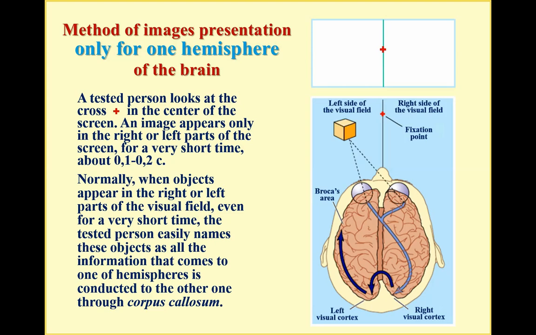Normally, if an object is shown in the left side of the visual field, the image goes to the right visual cortex. The right visual cortex gives the information to the left visual cortex and then to Broca's area, and so the person names the object easily. Is it a cube or a sphere? Because Broca's area gets this information.